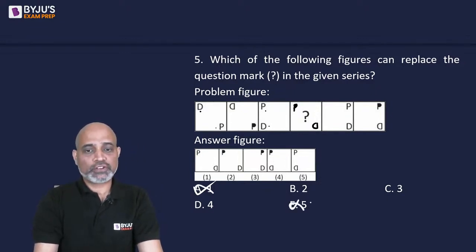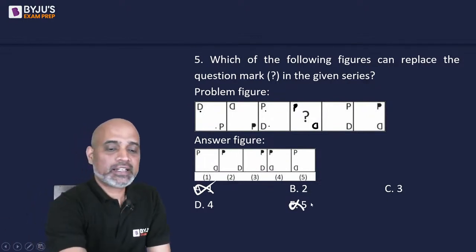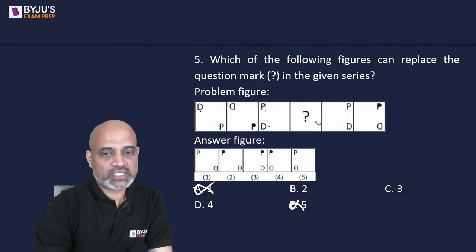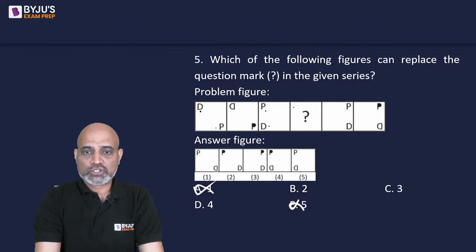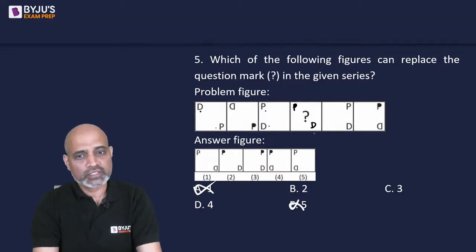Similarly, the fifth one will not make sense. The only three options that make sense are second, third and fourth. Okay, now let's put the second one. So if we put second here, that is P is shaded and we have D here, this is again an issue, right? Because if P is shaded, how come D is not inverted?